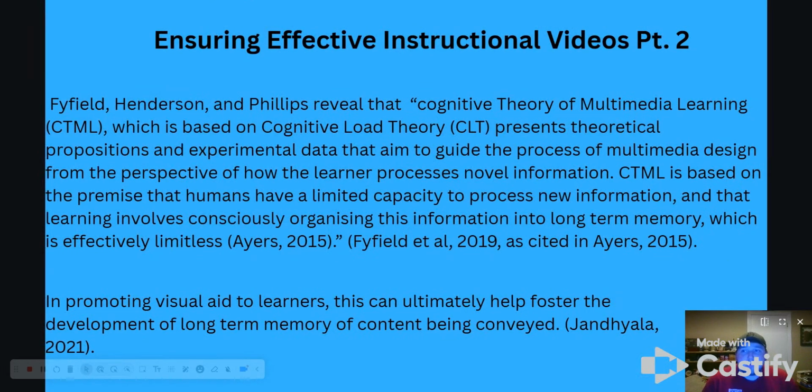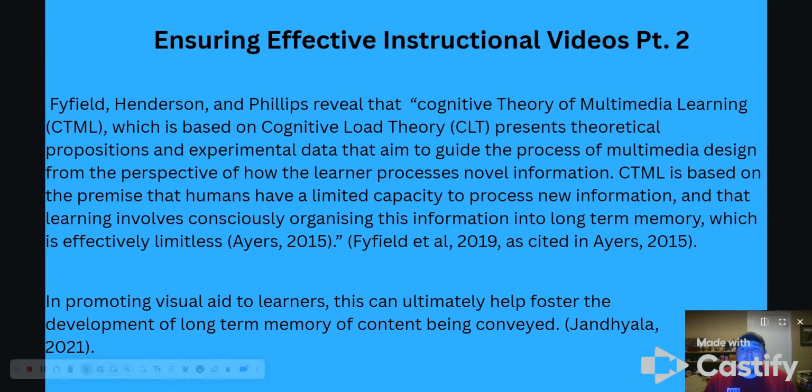Part 2. Fifield, Henderson, and Phillips reveal that the cognitive theory of multimedia learning, CTML, which is based on cognitive load theory, presents theoretical propositions and experimental data that aim to guide the process of multimedia design from the perspective of how the learner processes novel information.